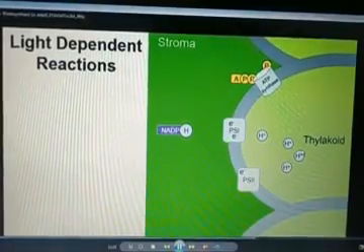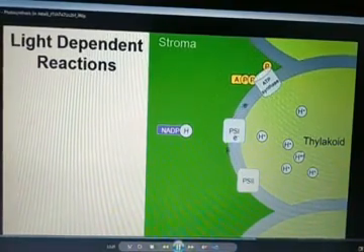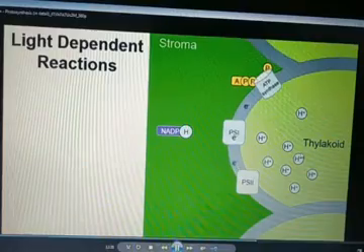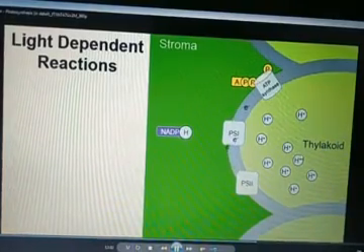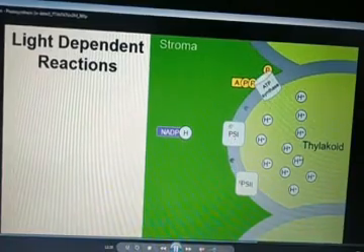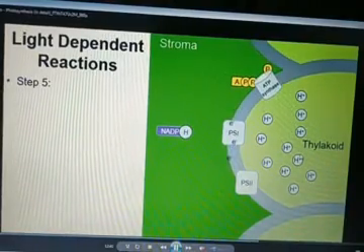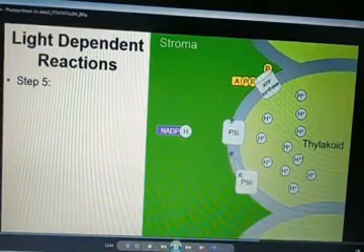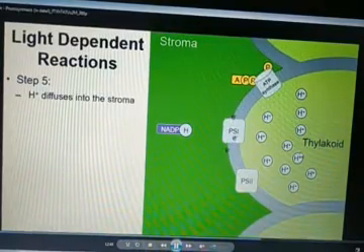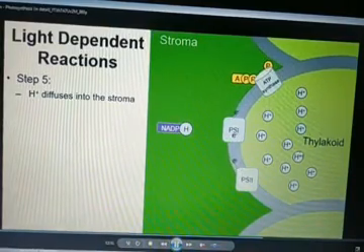Now at this stage, the hydrogen is getting accumulated inside the thylakoid from the breaking of water, photolysis of the water, and hydrogens from outside, that's from the stroma. There is a large concentration of hydrogens inside the thylakoid, as you can see here. Now, the 5th step: hydrogens will diffuse through the enzyme ATP synthase.